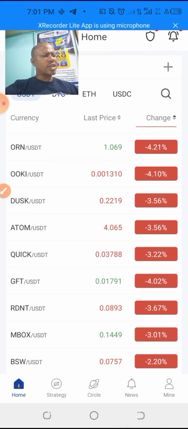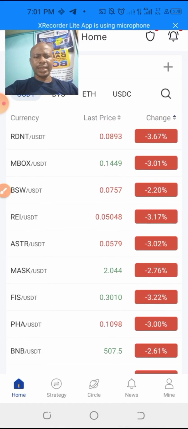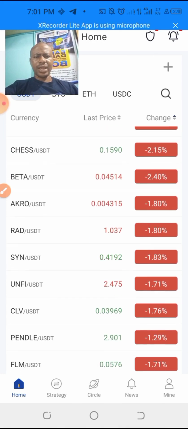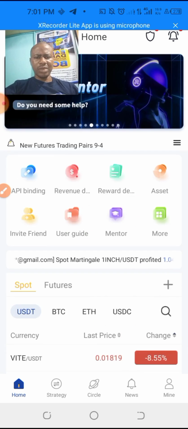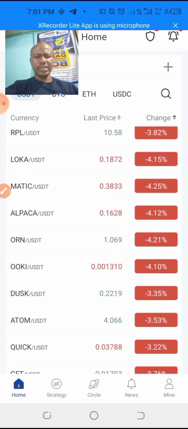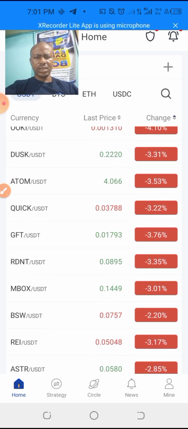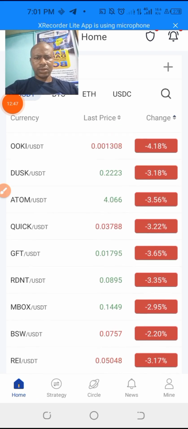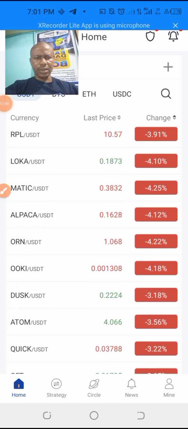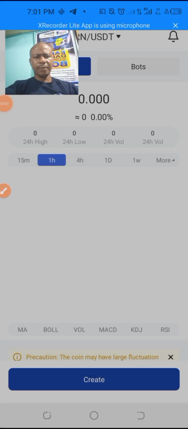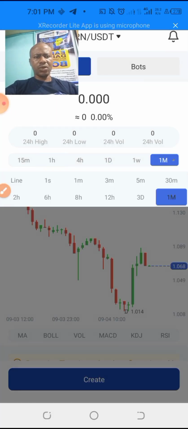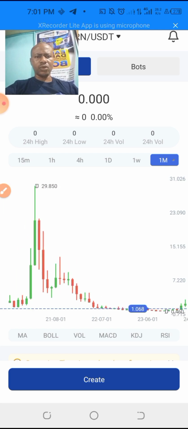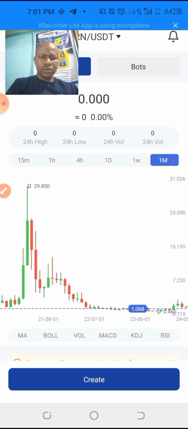So another coin I saw is ORN. Don't mind me that this video is long, but the moment you get this concept, I think it's ORN. So I checked the coin on a 1 month. It's an old coin. I checked it.